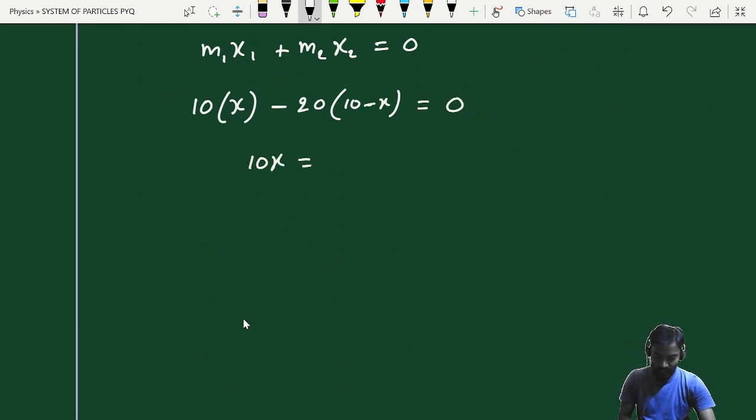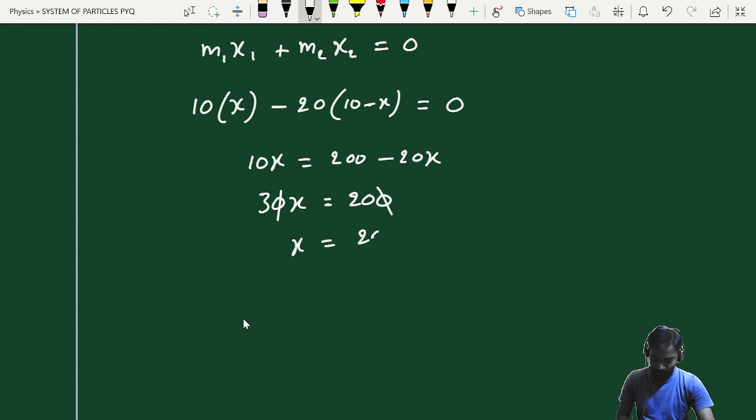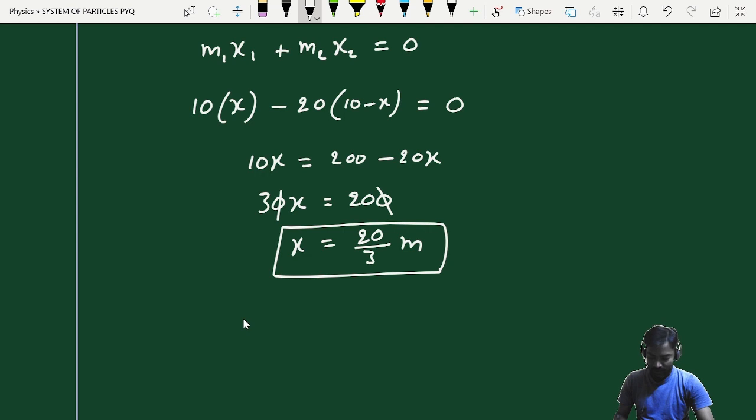So 10x is equals to 200 minus 20x. Send it to this side: 10 plus 20, 30x is equals to 200. Zero cancel. The position of center of mass from 10 kg block is 20 by 3 meter.